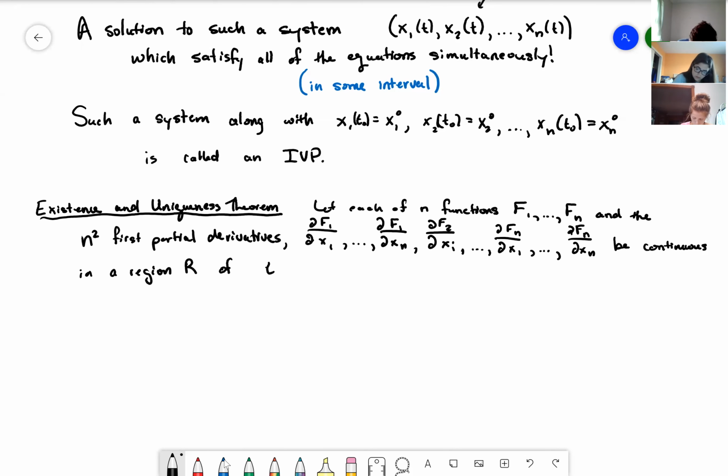So the t, x1, x2, up to xn space. Defined by the product of some intervals. Well, maybe what that means isn't quite so clear. So we're going to have an interval for t. We're going to have an interval for x1.